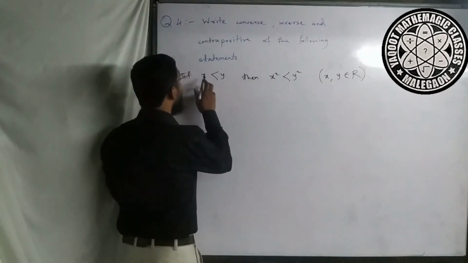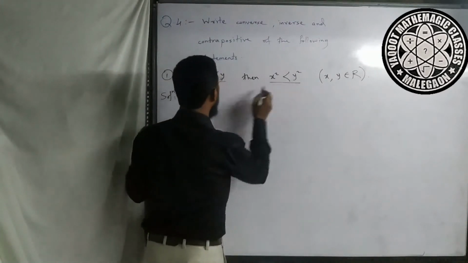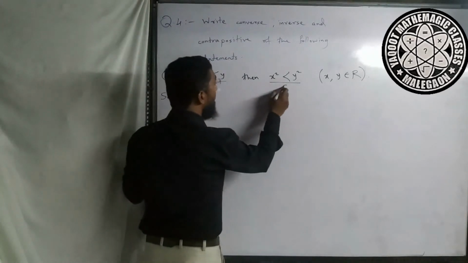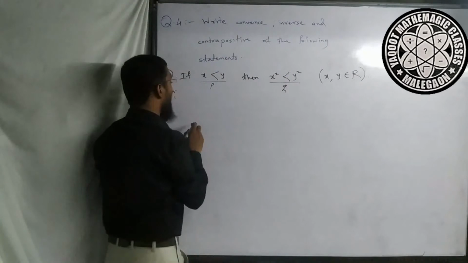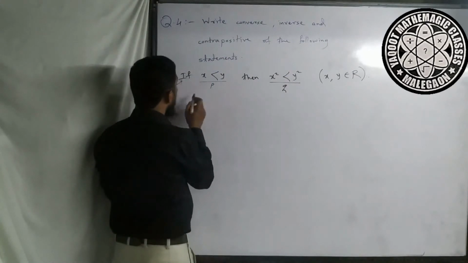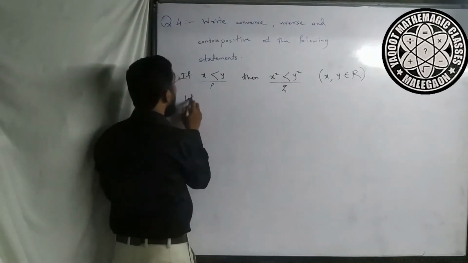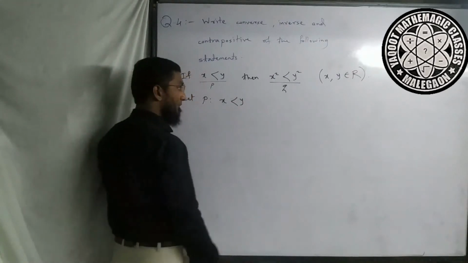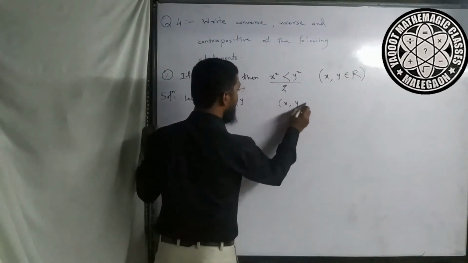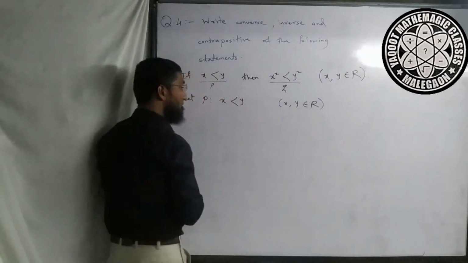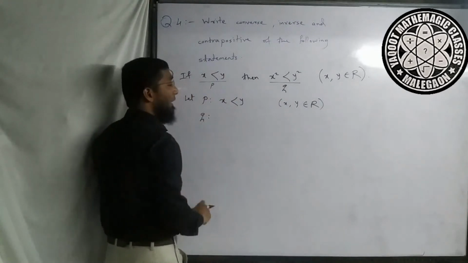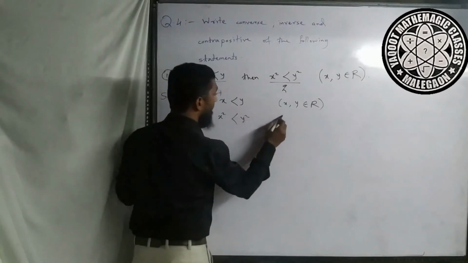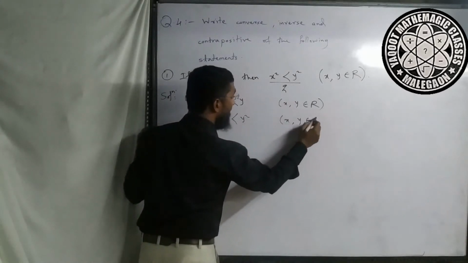The given conditional statement is having two components, p: x is less than y, q: x square is less than y square. So separating them, let p be the statement x is less than y, where x, y belongs to set of real numbers. Another simple statement q is x square is less than y square, where x, y belongs to set of real numbers.